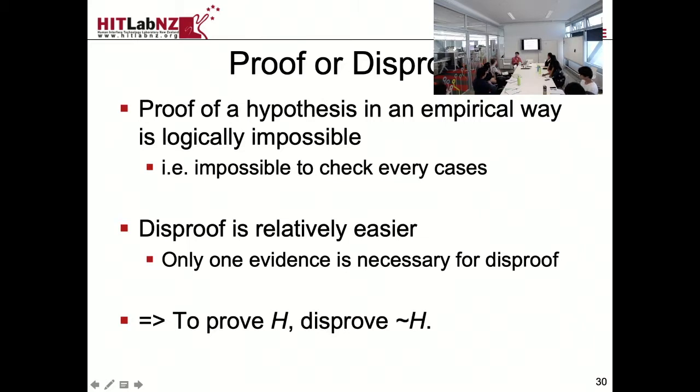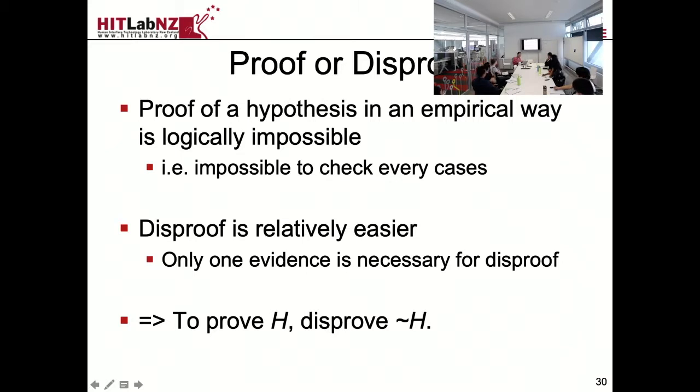When you're doing your research experiment design, you may include multiple hypotheses, which is fine. But each hypothesis should be verified, that is, supported or unsupported. But proving is actually impossible because we can't check every case.